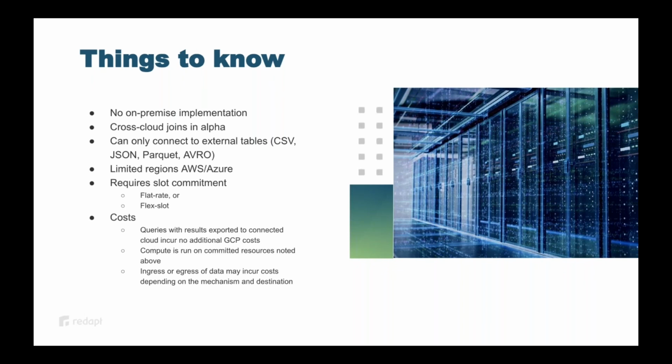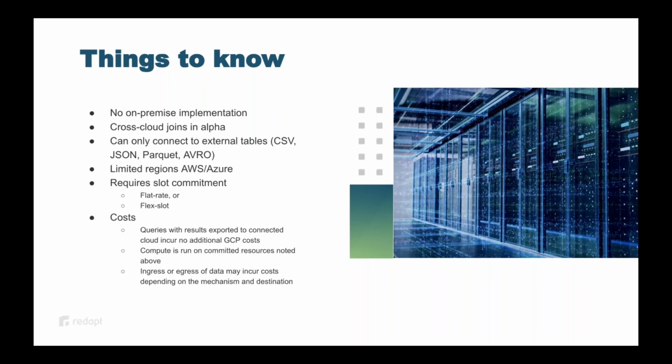It's also important to note you can only connect to external tables, so CSV, JSON, Parquet, or Avro. There's also limited regions where AWS and Azure are actually capable of running BigQuery Omni. It does require slot commitment, and this is one of the surprises you might find: there's slot commitment, and there's also on-demand querying. On-demand querying is you pay for the query cost, whereas flat rate pricing with a slot commitment or a flex slot is you say, I'm buying this amount of query resource.